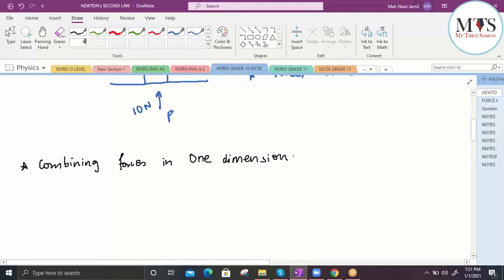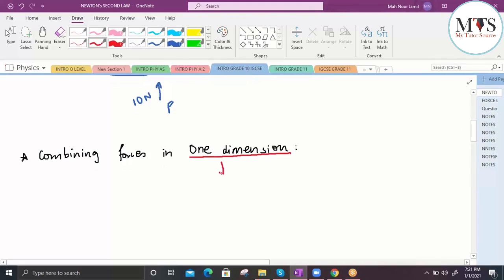What comes to mind when you think of one dimension? One angle. One side. One side, yes, that's a very accurate way. Very good.